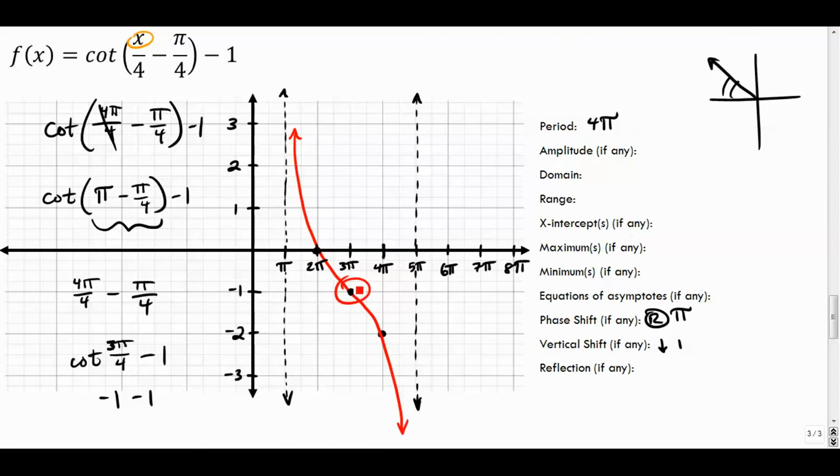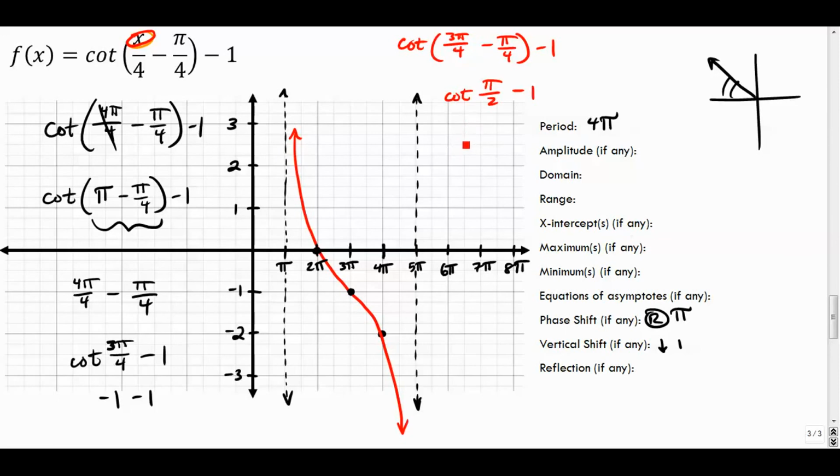Let's just check to make sure that this value is accurate. So if I plug in cotangent, let's see, if I plug in 3 pi over here divided by 4, I'm plugging in 3 pi right here, minus pi over 4 minus 1. So this is 2 pi over 4, which is pi over 2. The cotangent of pi over 2, let's see, the tangent of pi over 2 is undefined.